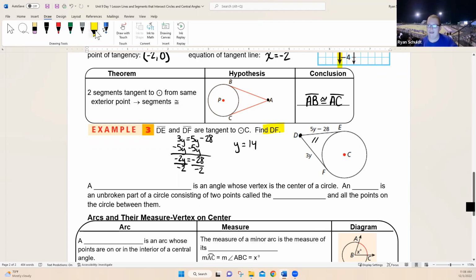No, they ask us to find DF. DF is this line right here. So I have to take that 14 and plug in. 3 times 14 gives us 42. Now we're done.